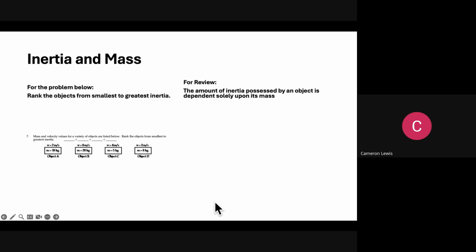Also, what is mass measured in? Kilograms, that's the standard unit for mass, and that is going to come back later. So you see C is 5 kilograms, and you're saying this is the smallest one. What would be the next one? D, which is how many kilograms? 8 kilograms. So you have C, D, then give me the last two.